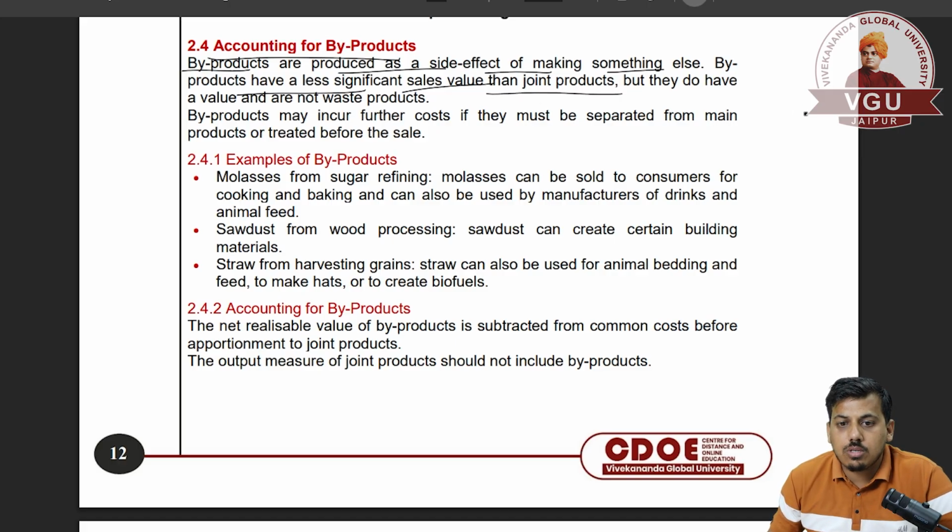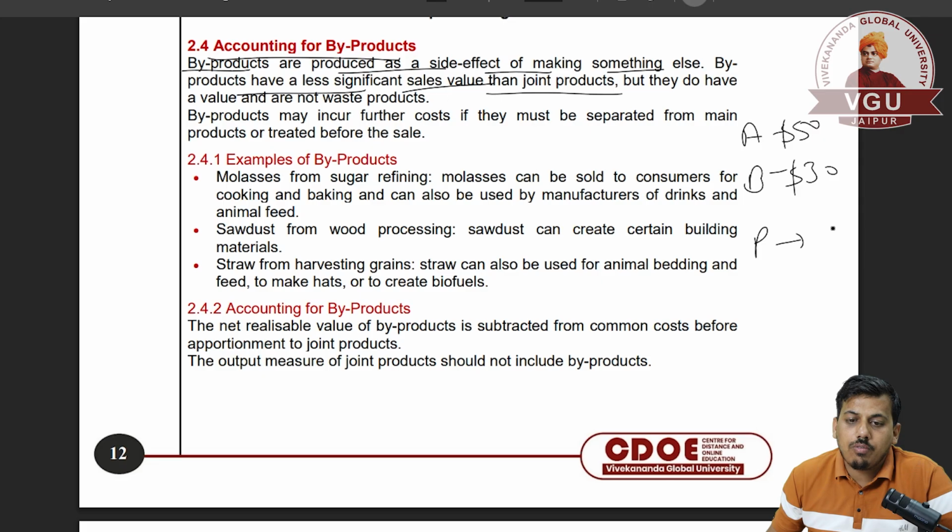Suppose the joint products we are making are A and B, with a value of $50 per unit or $30 per unit, and we have made a byproduct, P, with a value of $1. We are not targeting to produce it; it is prepared unintentionally, as a side effect.